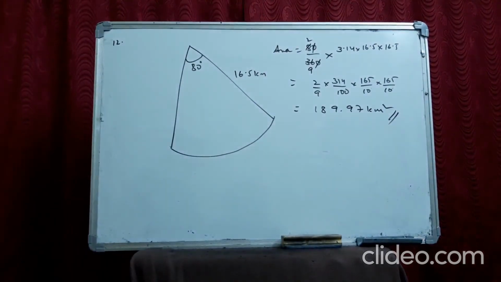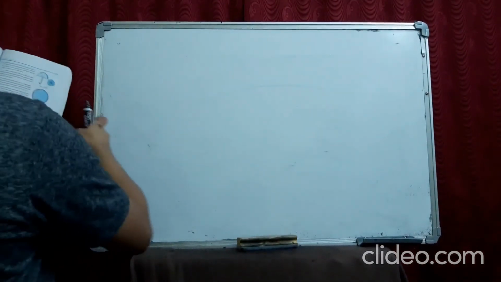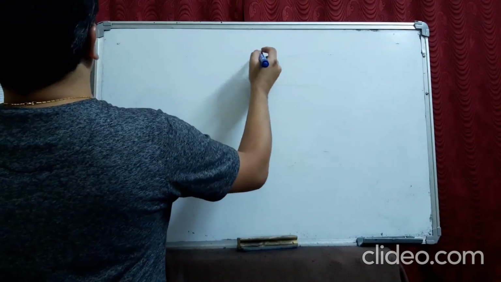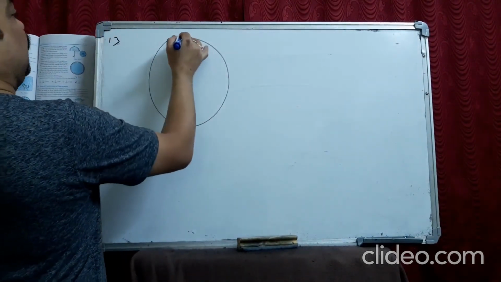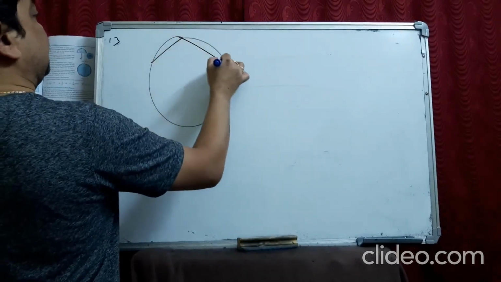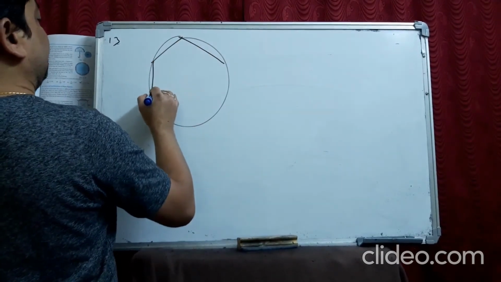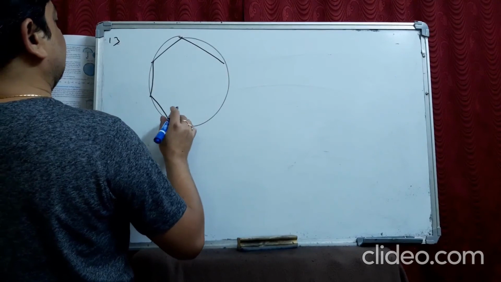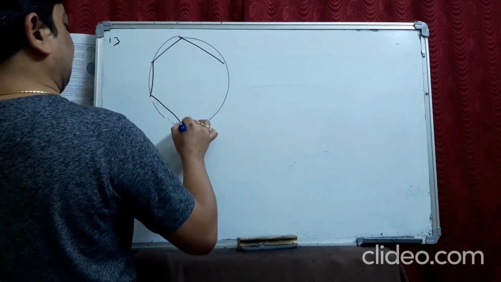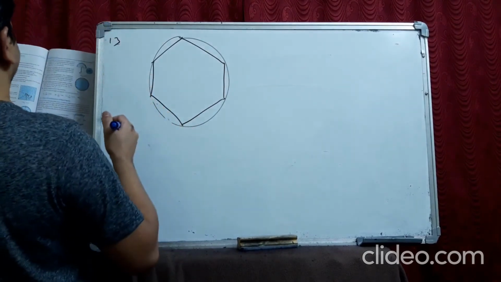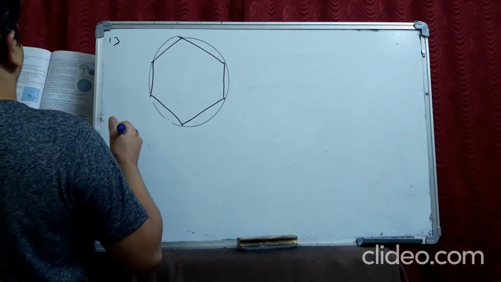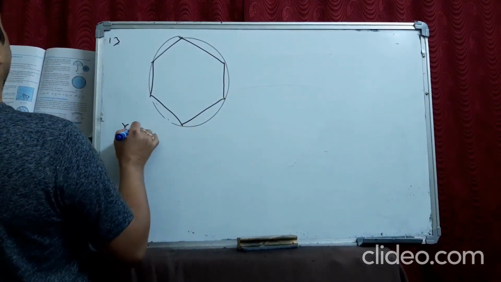You can check. See the 13th question. There is a table cover here, and it is made with a design with 6 parts, like this. The radius of the cover R is equal to 28.